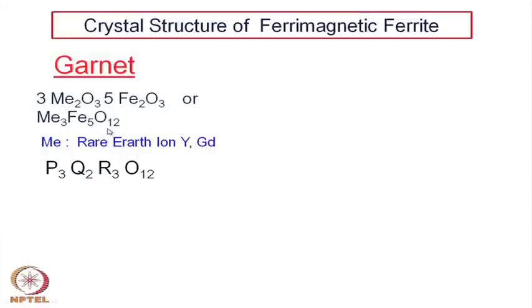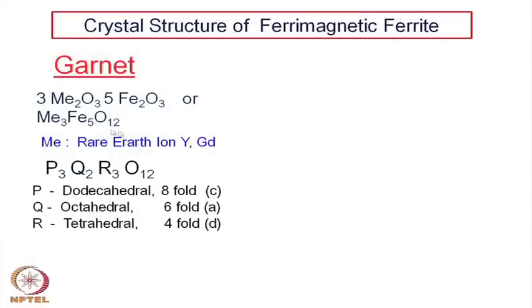It is not a 4-fold coordination, it is not a 6-fold coordination, it is actually an 8-fold coordination of the oxygen ions. So, we have an additional interstitial site here.